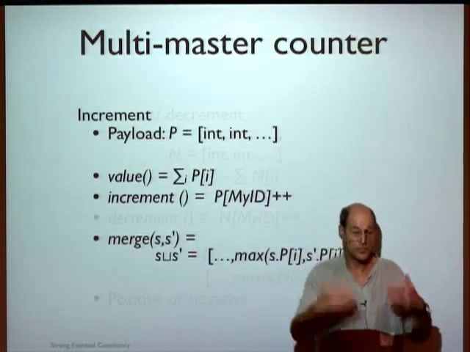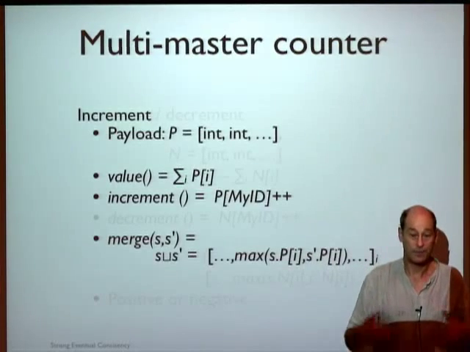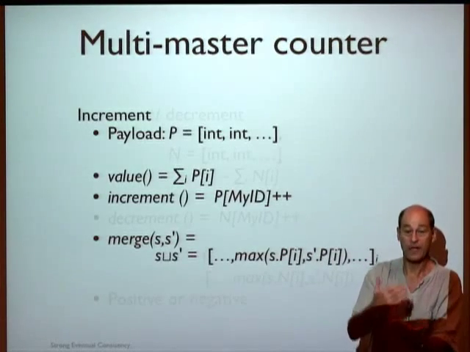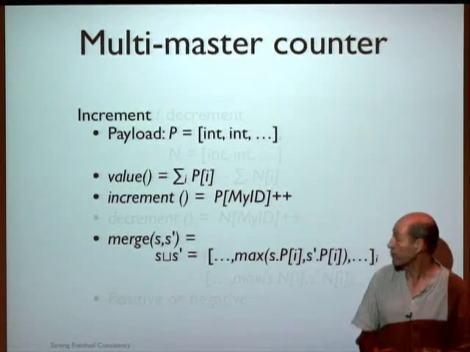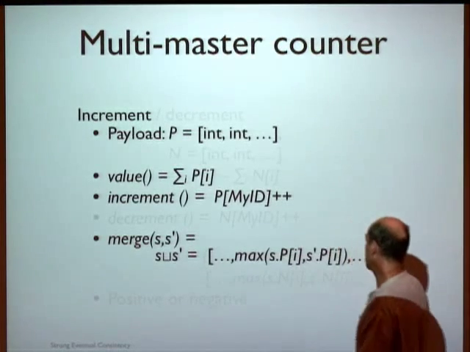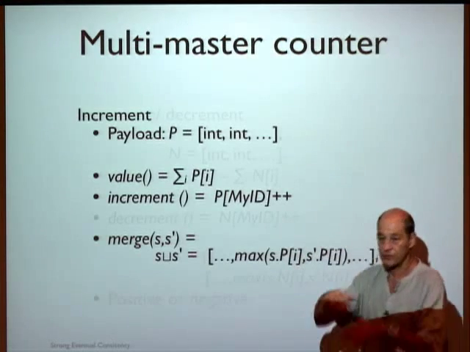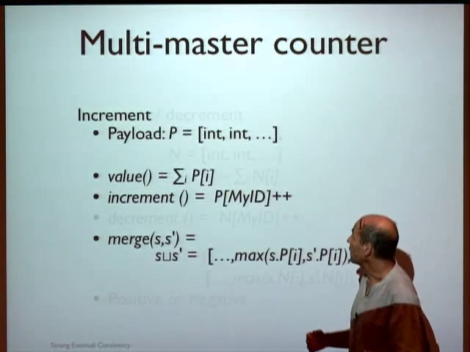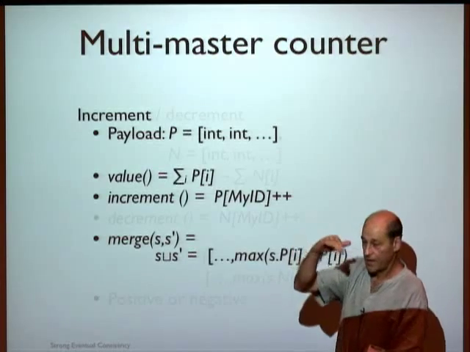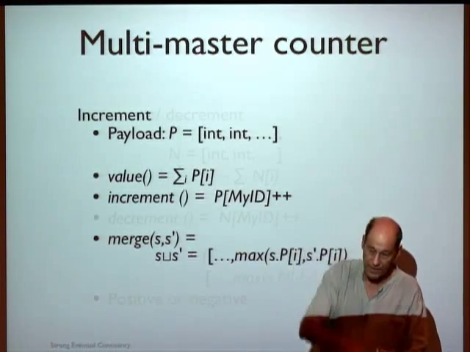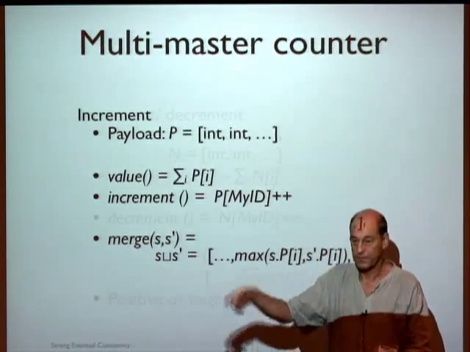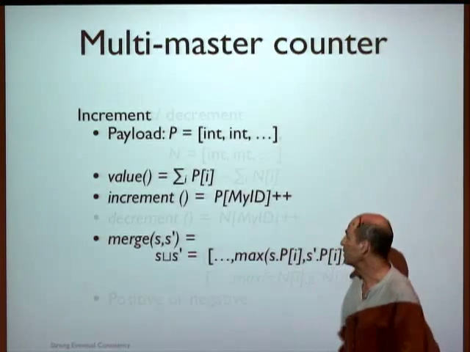That's going to ensure that I have a partial order, and that all my updates are going to go forward in the partial order. My partial order is not described here, but it's the usual partial order between vectors. That is, A is less than or equal to B if all the elements of A are less or equal to the corresponding elements of B.